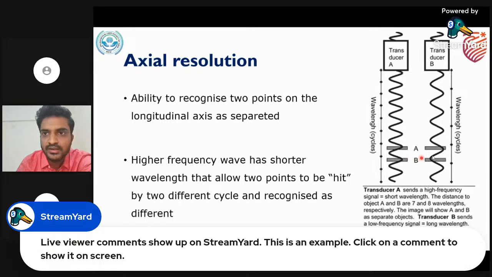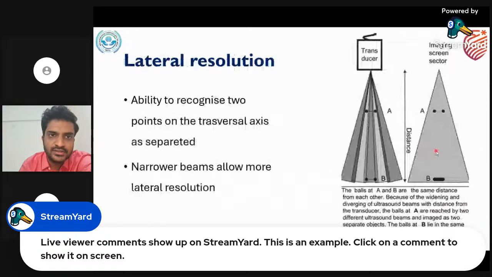Whereas with the other transducer, a single wavelength or lower frequency traverses across point A and point B, and you won't be able to see them as two different points. You'll see them as a single point. That is called axial resolution.